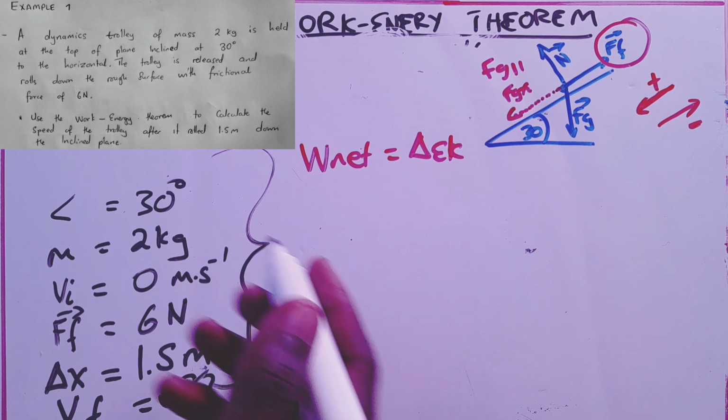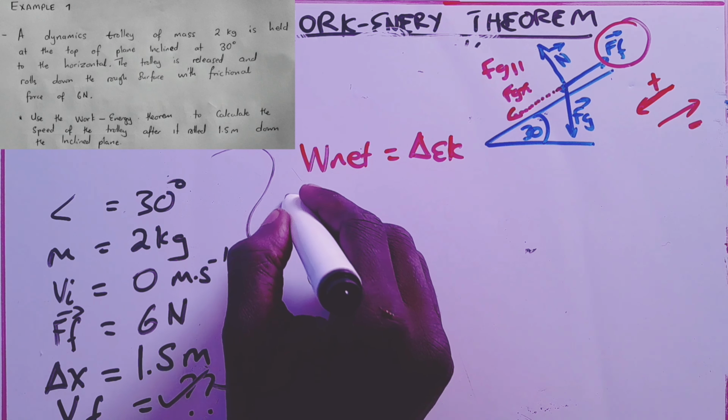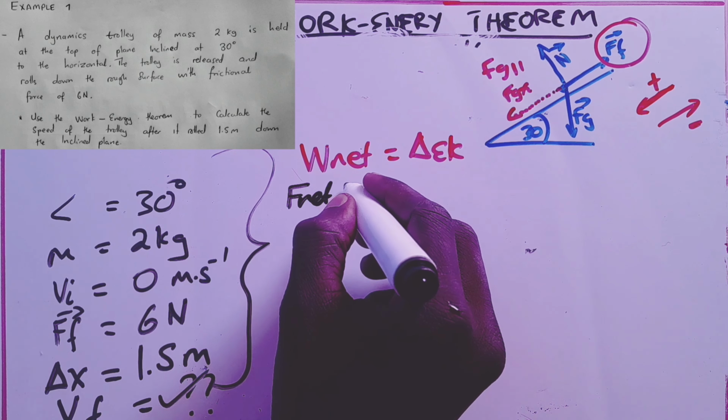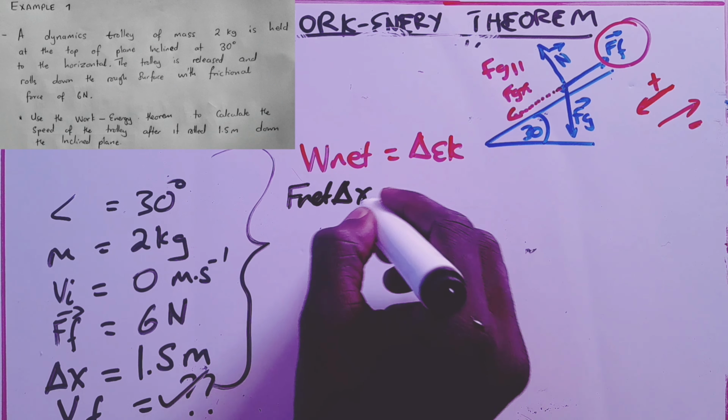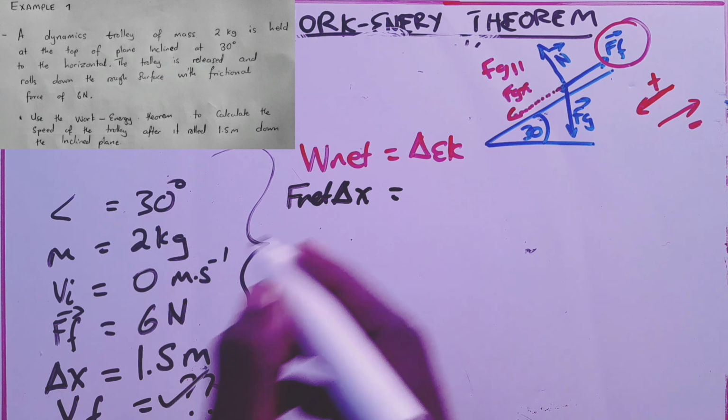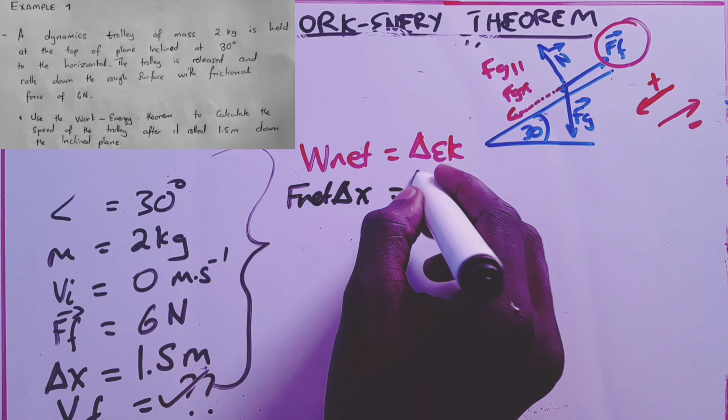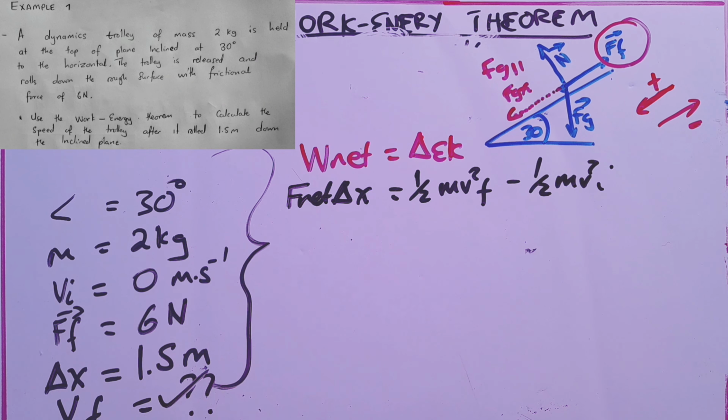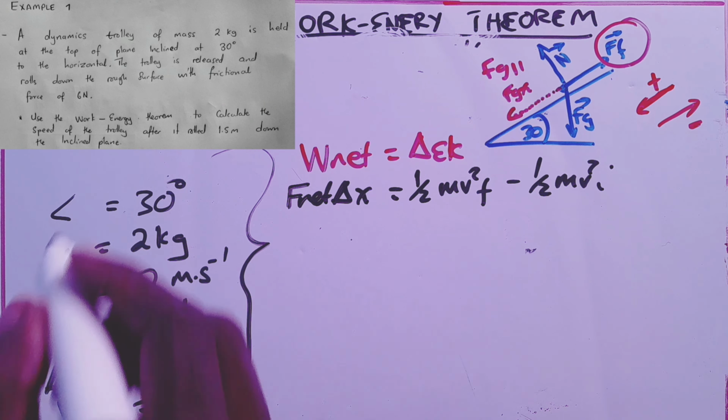So it means that we can now say our work net is equal to F net times change in x, which is equal to half mv squared final minus half mv squared initial, right? So what is our F net now? We can calculate our F net somewhere else.